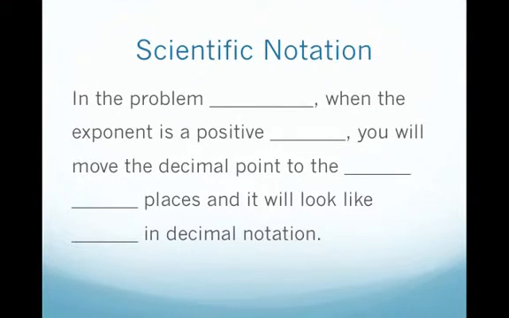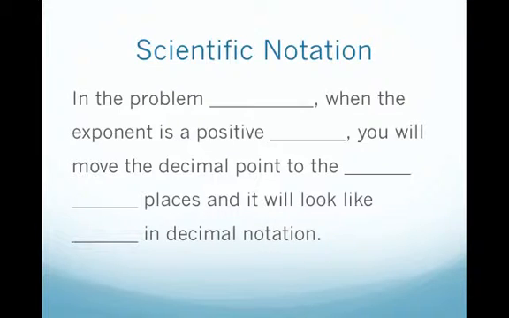Scientific notation. So the first thing you're going to do is write down the sentence frames and then fill in the blanks. In the problem blank, when the exponent is positive blank, you will move the decimal point to the blank blank places. And it will look like blank in decimal notation.